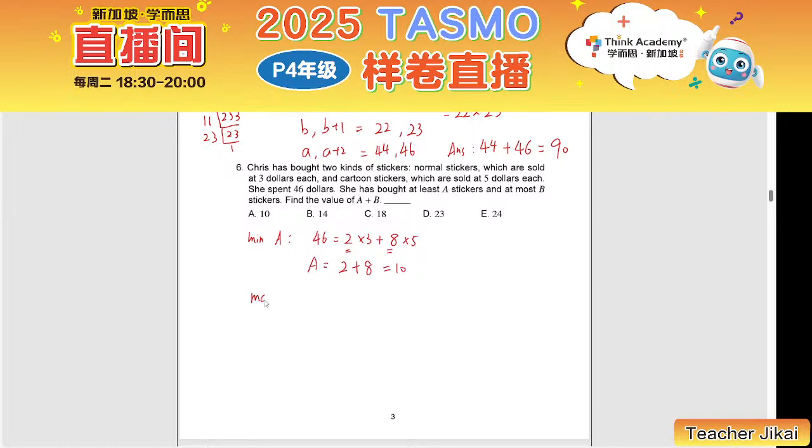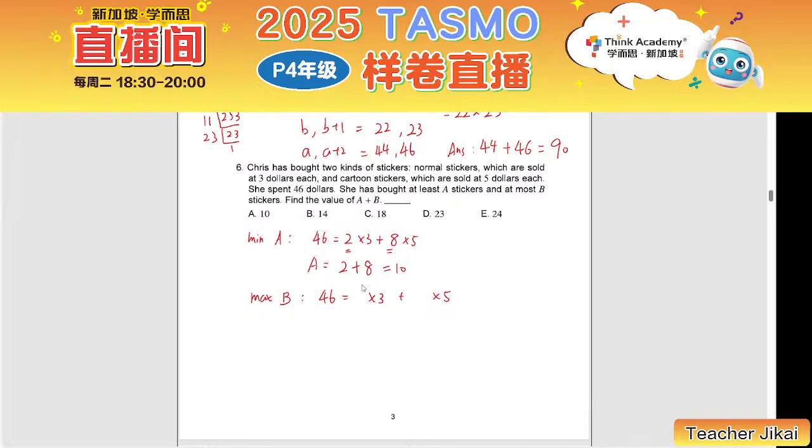How about the maximum B? 46 is also something times 3 plus something times 5. But if we want to get more stickers, the price for each sticker should be as small as possible, right? So we need to make the $3 stickers being bought as many as possible.